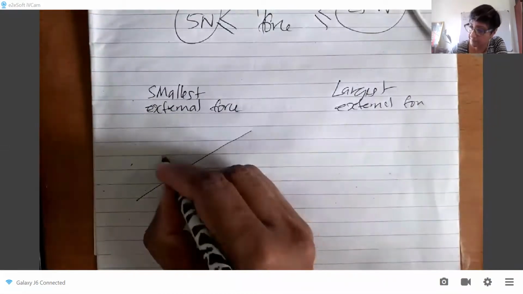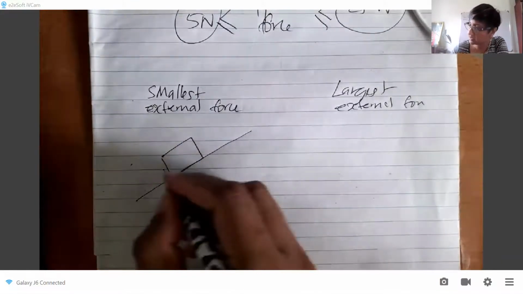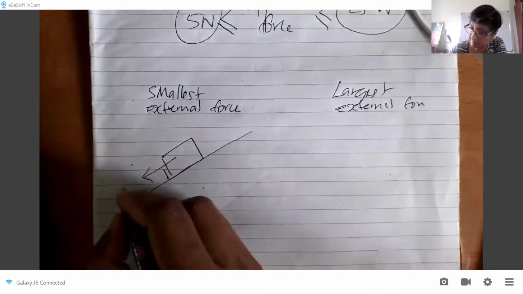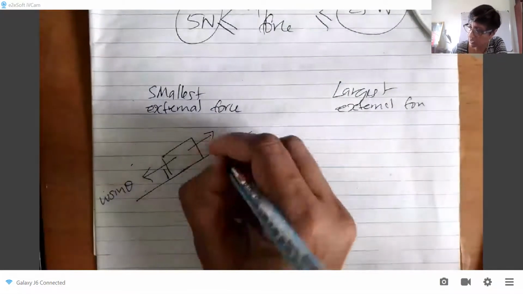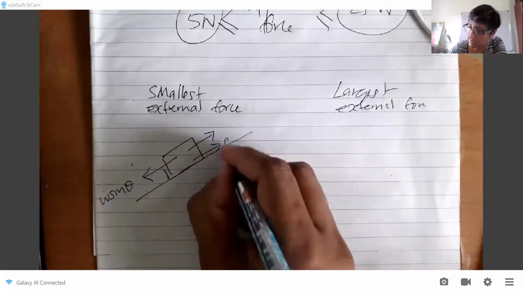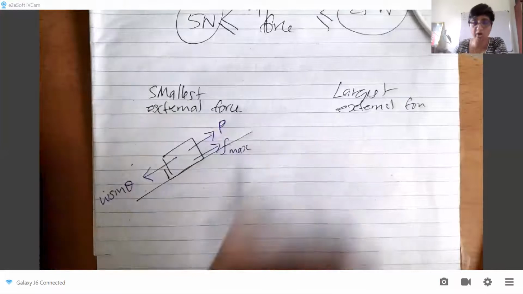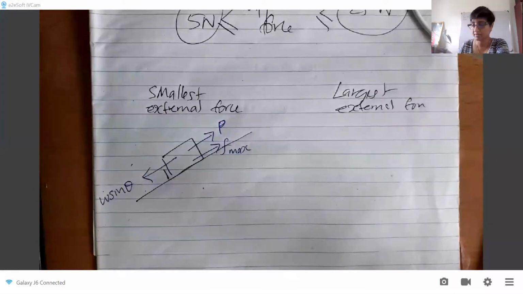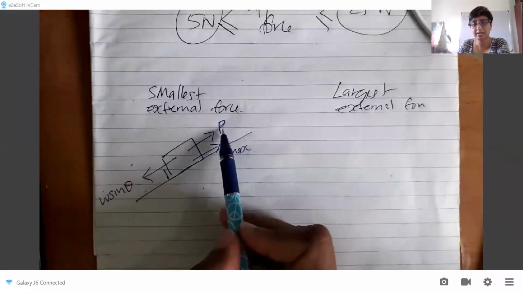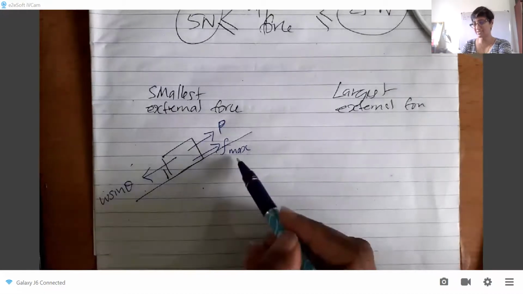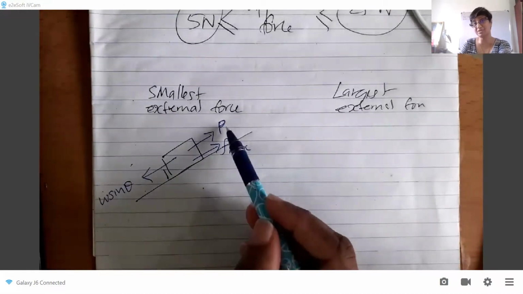Smallest is when here's W sine theta, here's your F max, here's your applied force, let me call it P. Smallest force is when F max is acting in the same direction as your force. So F max is doing part of the job, so you don't have to give as much. That's why this is the smallest.